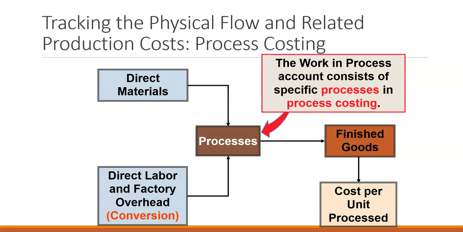Under process costing, we have direct materials, and then we have our conversion costs of direct labor and factory overhead that go into processes of production. Those processes are kept in our work in process account as we are in the production process. Once items are finished, they are transferred from work in process inventory to finished goods inventory, where they are held until they are sold.